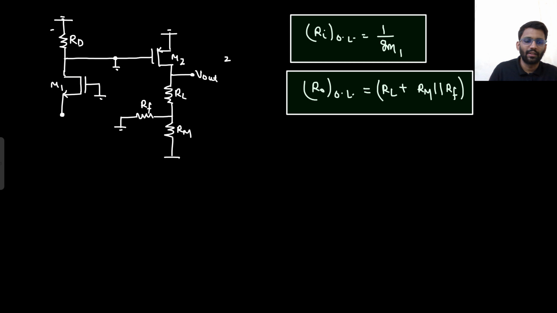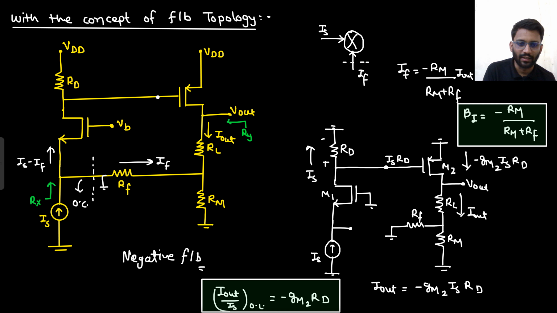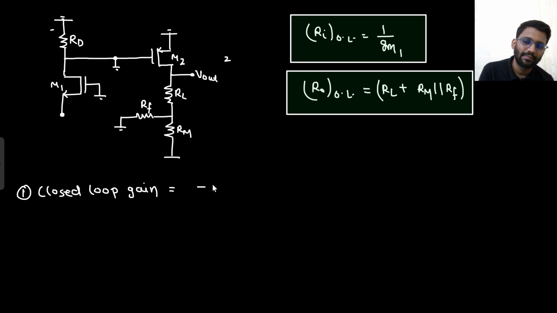This was your open loop gain. So now you can find all the things. First thing is closed loop gain. Closed loop gain would be A upon 1 plus A beta. What is your A? A is minus GMRD now. Okay, minus GMRD. The gain is negative.